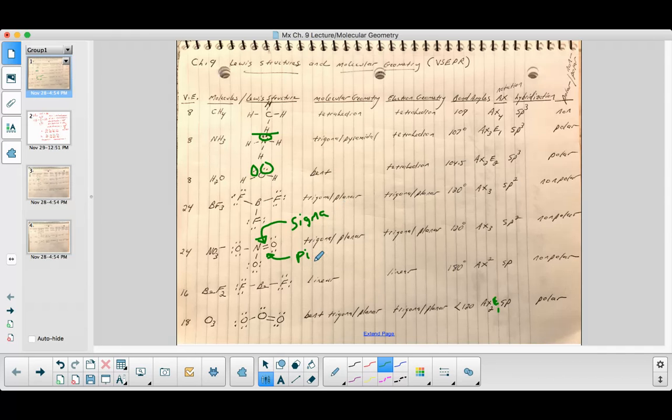Pi bonds form in a different manner, by an overlap of orbitals, while sigma bonds are the ones that hybridize. So that's why, when we're identifying our hybridization, we don't worry about the second bond in a multiple bond.